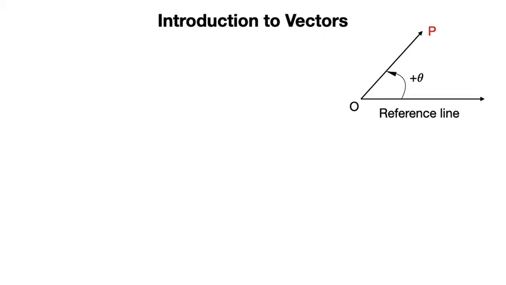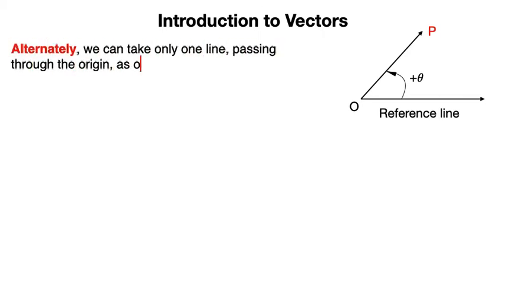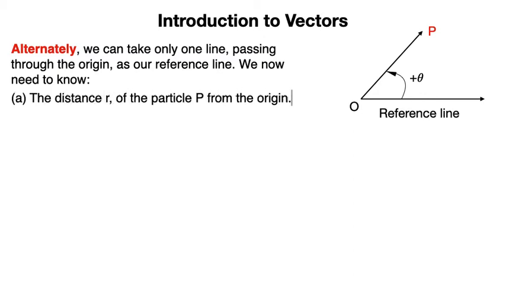In order to locate the position of point P, we have a different method. Now what we need to know is again two things: the distance r of the particle P from the origin. So we need to know the distance OP.